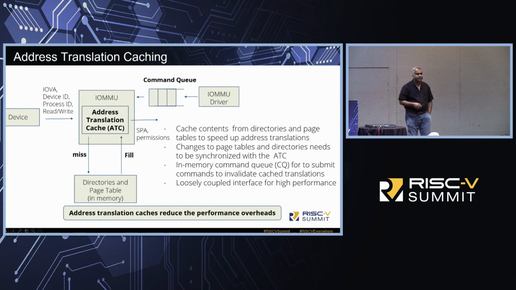And this is an asynchronous, loosely coupled interface which allows software on multiple harts to queue commands, and the IOMMU can then complete them. That allows high performance interaction with the IOMMU.